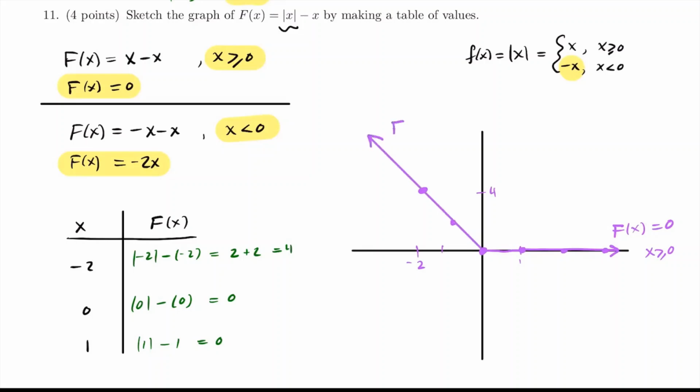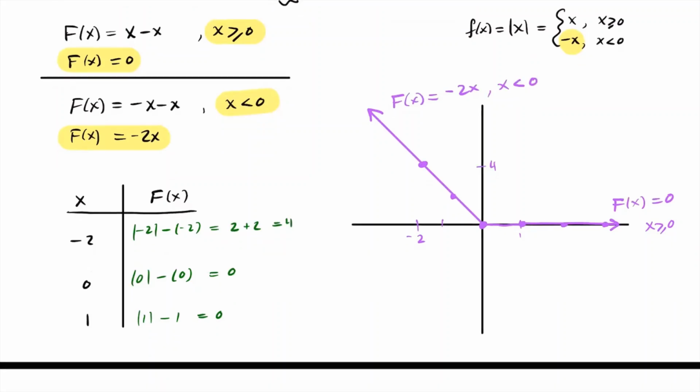So that is the big f of x equal to negative 2x. And you can see the line is decreasing. Of course, this is missing. So that will be the line for x less than 0. So there you go. That's the graph of this function. So altogether, this entire piece together is the big f of x, which is absolute value of x minus x.